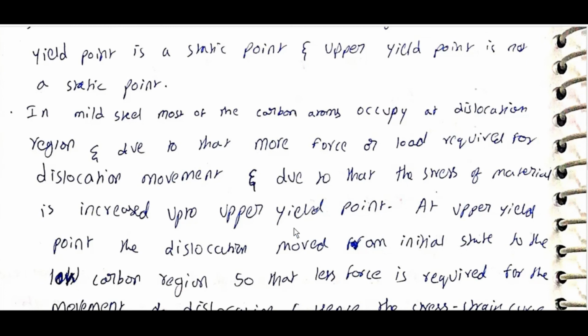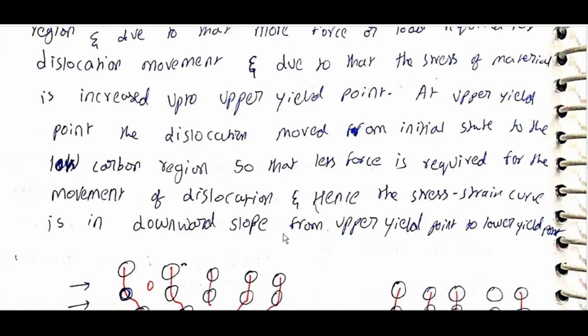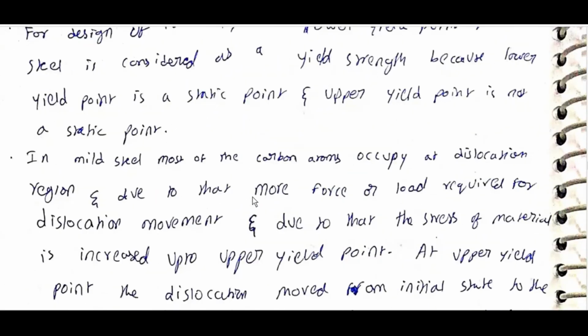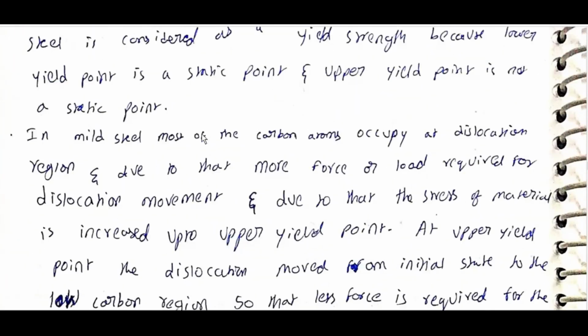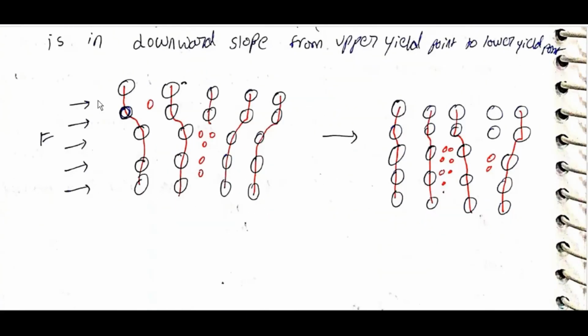At the upper yield point, the dislocation moves from its initial state to the low carbon region, so less force is required for movement of the dislocation. Hence the stress strain curve slopes downward from the upper yield point to the lower yield point, here to here. The carbon atoms will move till here.